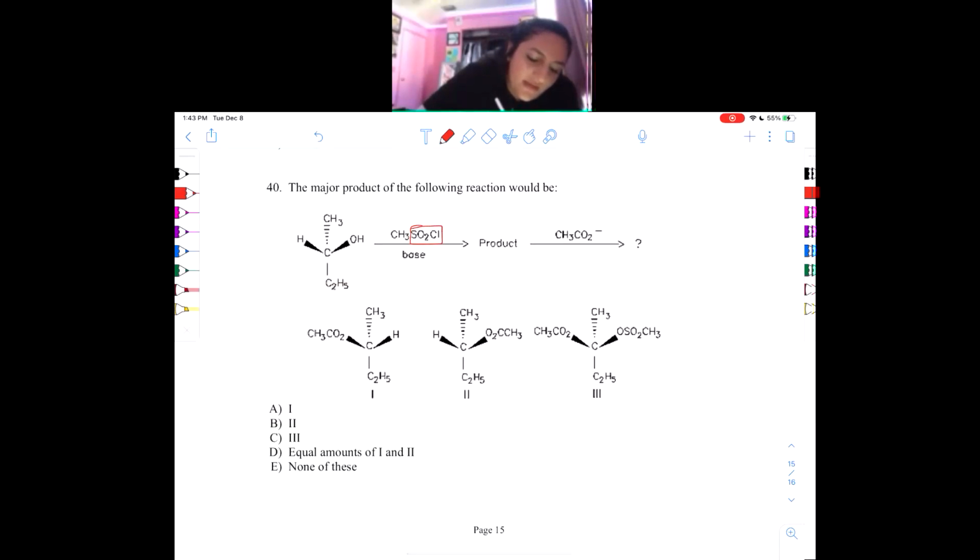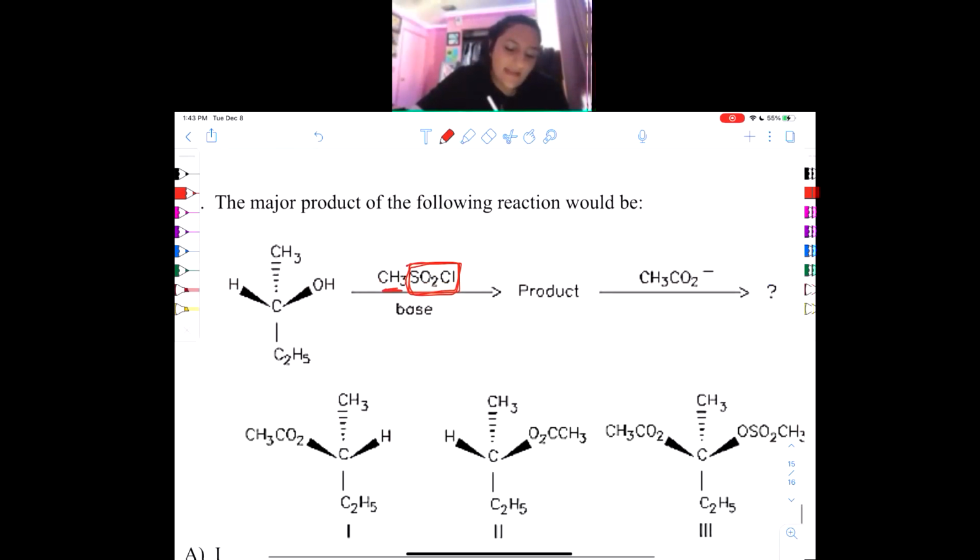So we have SO2Cl. So what kind of group is this? Hint, it's a protecting group. What's the name of this type of group? Mesylate, exactly.